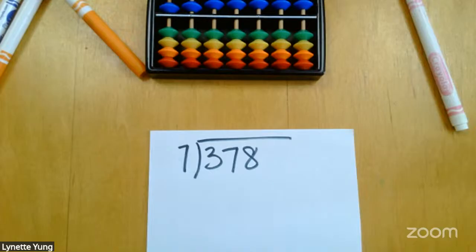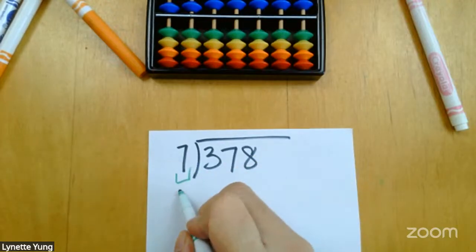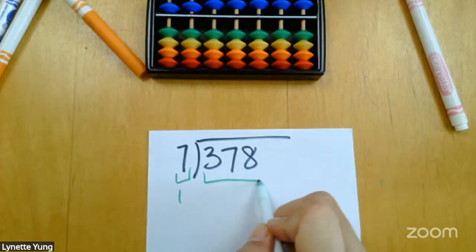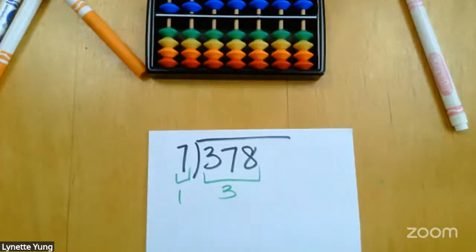So, oh goodness, let's try. Okay, so first of all, we have one divisor, and you have 3 digits for the 3 dividends.